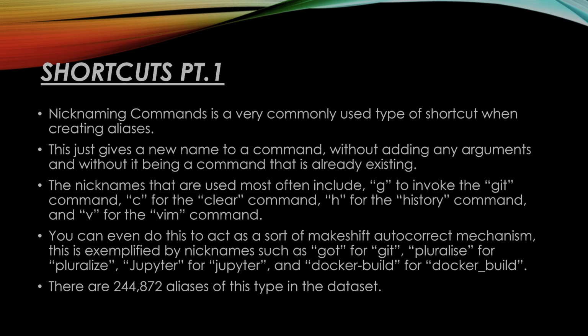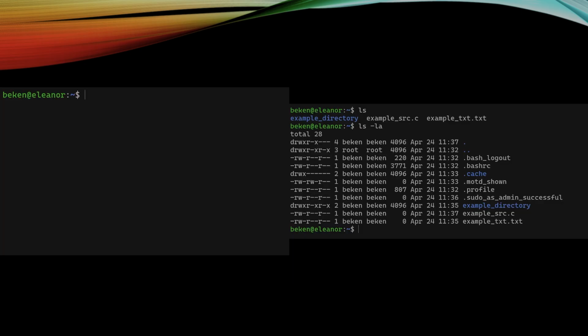Having C for clear, especially in my eyes, is really nice because the clear command is how you flush all the output that's currently on your screen and bring you back to this screen. So if I were to type clear here, this would all go away and go back to here. So that's nice.